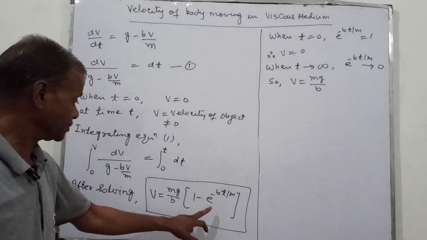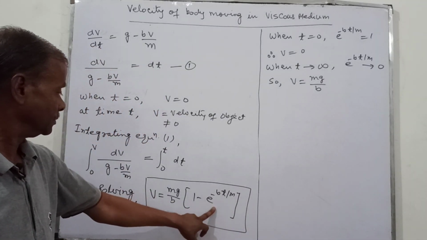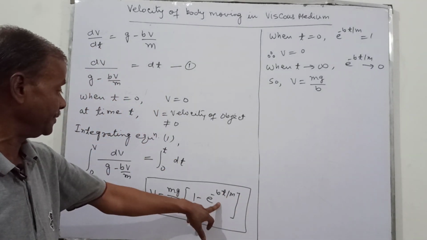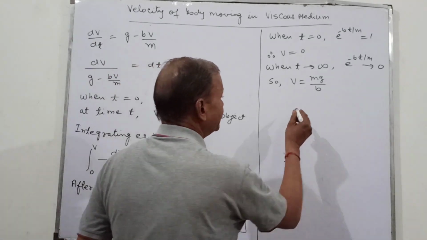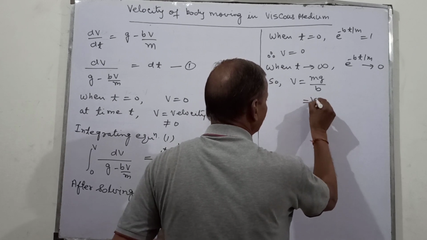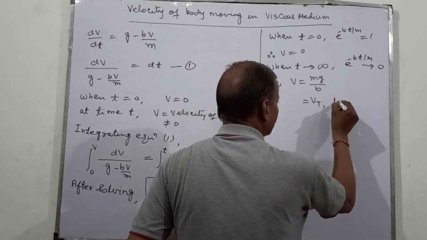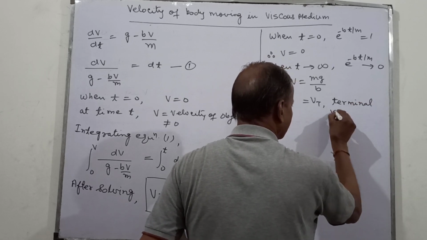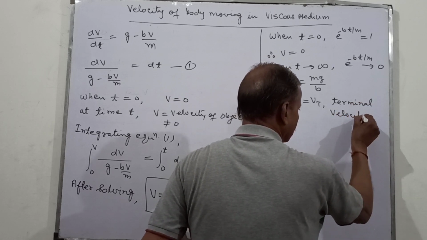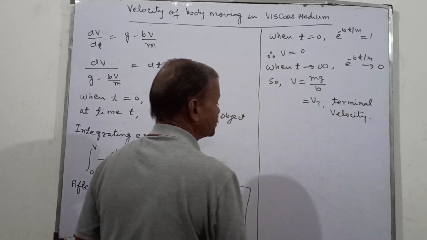This mg upon b is the terminal velocity.